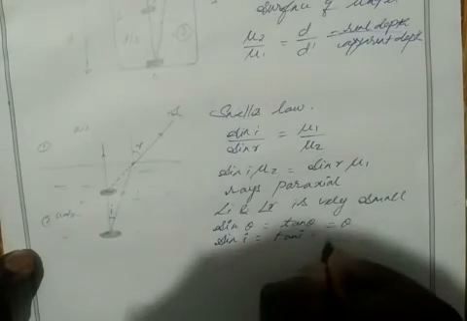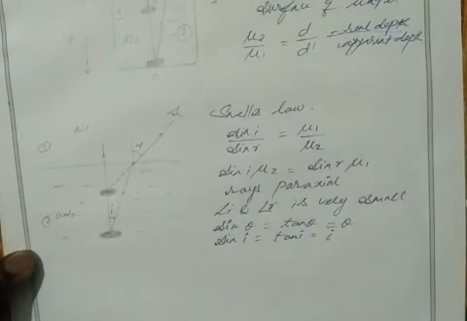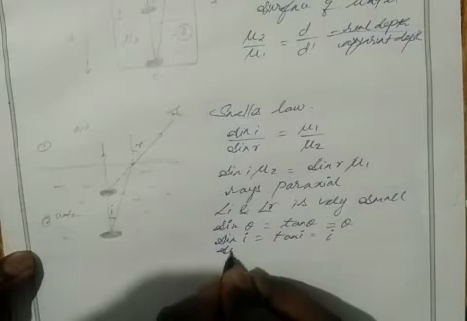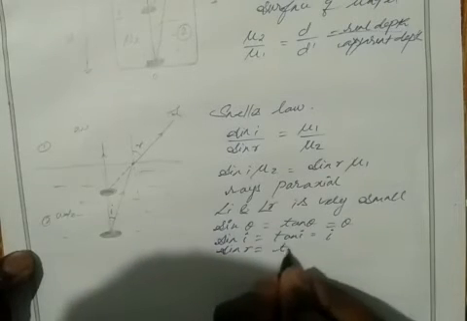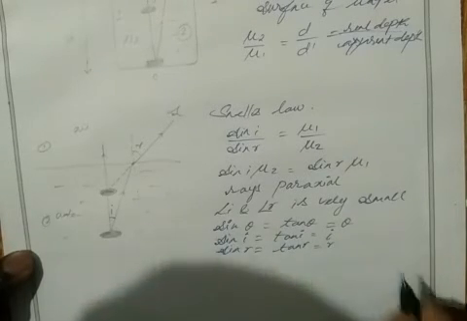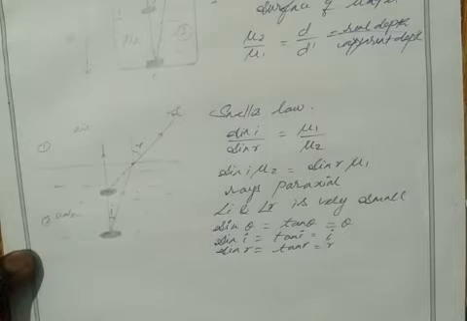For this problem, we take sin i equal to tan i, which is equal to i, the angle of incidence. Then sin r equals tan r, which is equal to r. Clear?